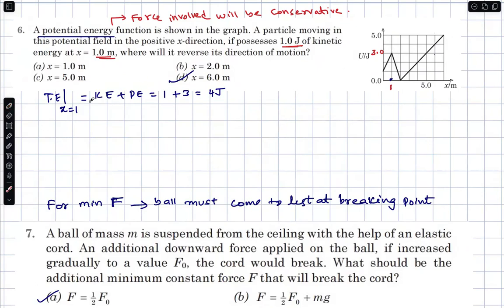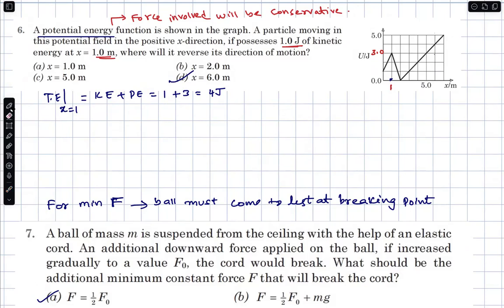So the total energy is kinetic energy plus potential energy, 1 plus 3, which is equal to 4 joules. So it should not have any total energy more than 4 joules.